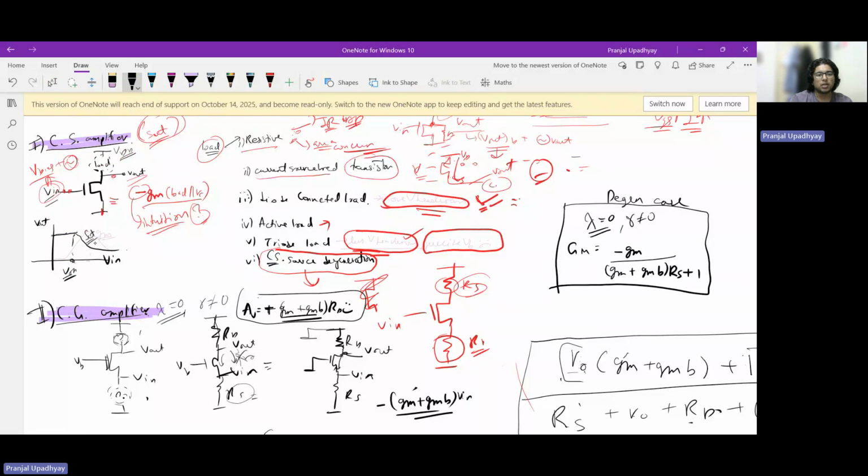Then, when V in is high enough, the device goes to the triode region, which means the current stops depending on the square of the input, and the current dependence is now linearized. So we see that V out is not decreasing as sharply. This is the large signal characteristic of the CS amplifier.